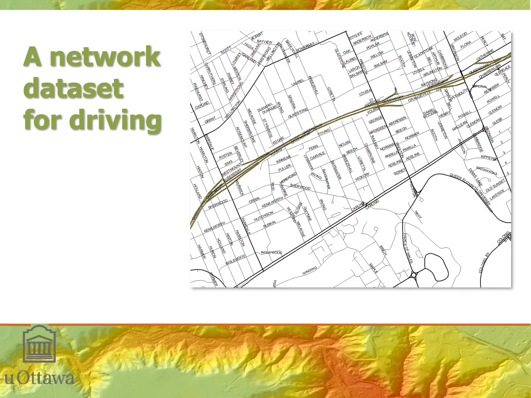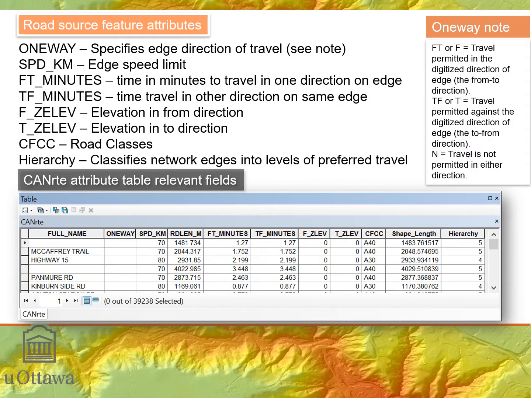Let's create a network data set for driving. Firstly, have a look at the CAN-RTE attribute table, since CAN-RTE is the one in the driving geodatabase.